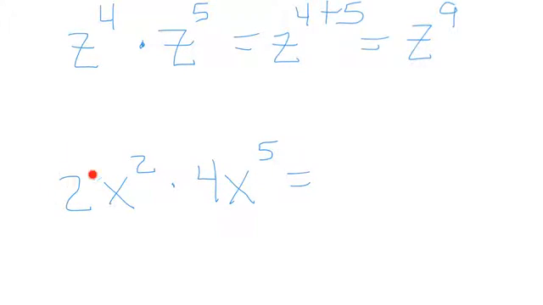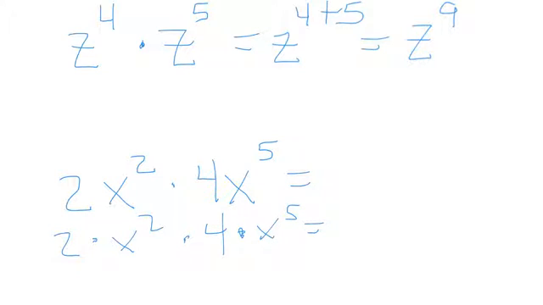Now down here we have some coefficients that you may think are going to mess us up a little bit. But we have to remember that this is the same as saying 2 times x squared, and this is the same as saying 4 times x to the 5th.